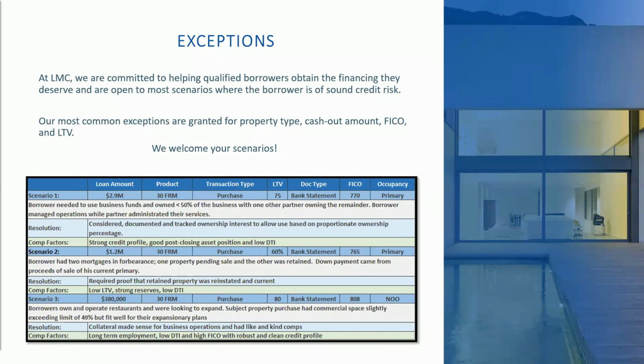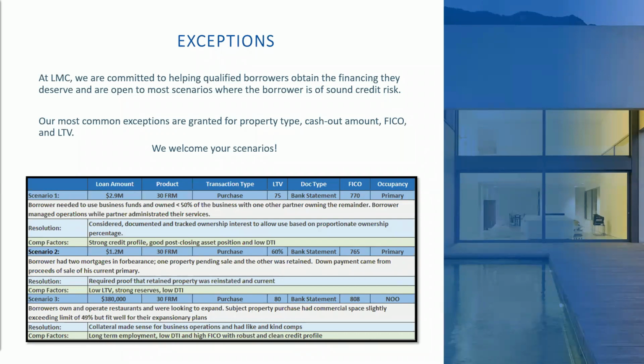So we did go ahead and move forward with that, due to their strong credit, and they had great post-closing assets and a low DTI. So comp factors are, of course, huge with any investor. They want to know what's in it for me, right? So long as we really push those comp factors, assets is probably always going to be your best one, and the lower the DTI, the better your odds.